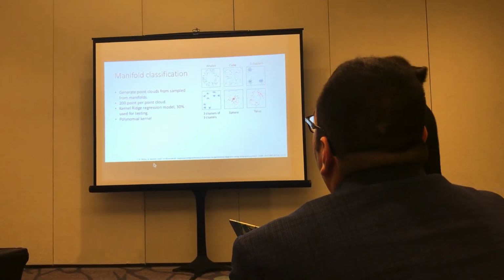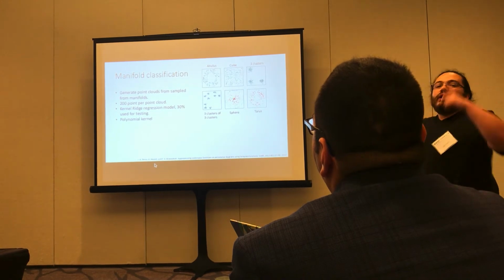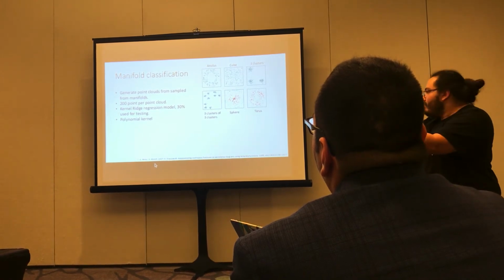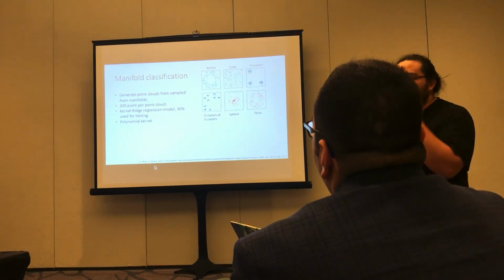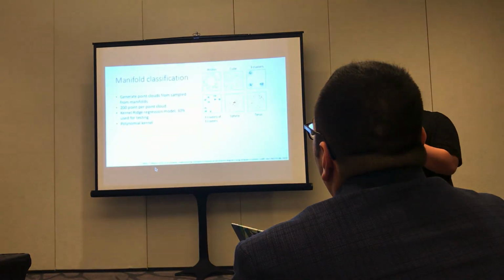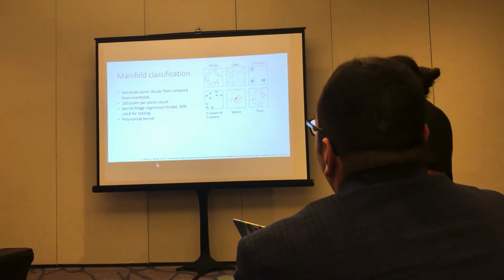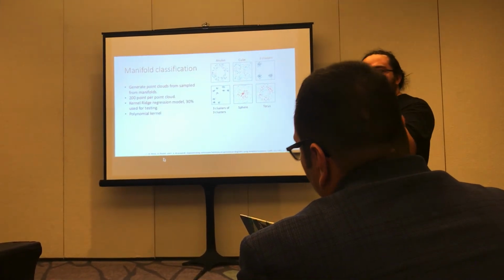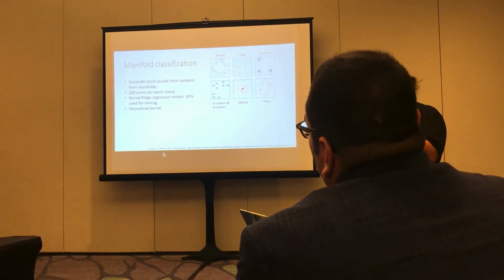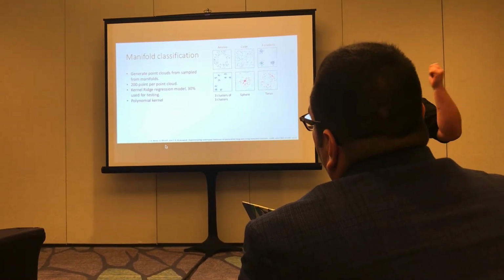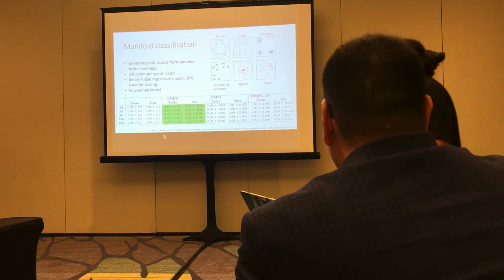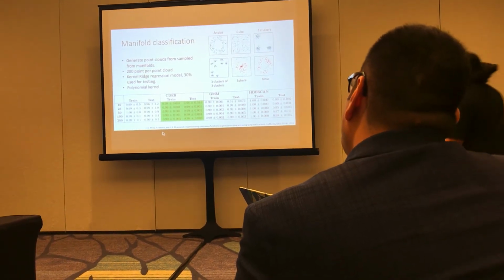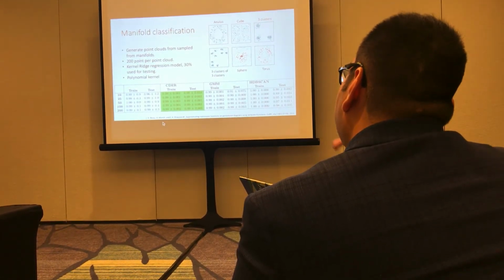We compute persistent diagrams of those, and then we want to solve the classification problem of finding out which point cloud corresponds to which manifold. And in all of these results, I'm always going to select 70% of my data for training and 30% for testing, just so the results seem fair. And these are the results that we obtained.